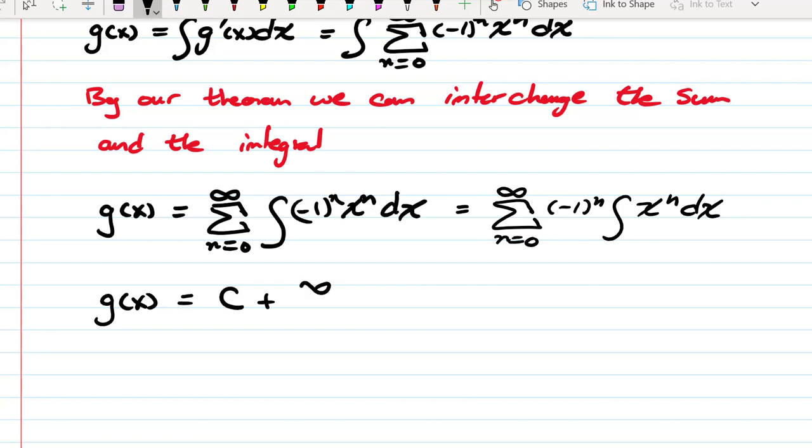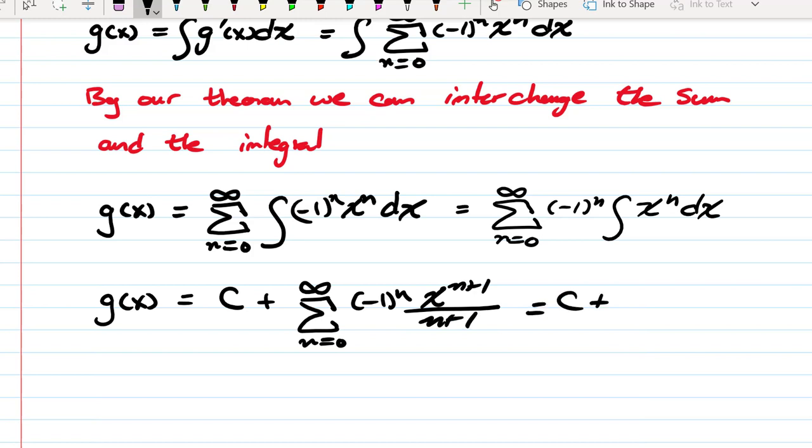So we get c plus the sum as n goes from 0 to infinity of negative 1 to the n, and then the antiderivative of x to the n is x to the n plus 1 divided by n plus 1. So we get c plus the sum as n goes from 0 to infinity of negative 1 to the n all over n plus 1 times x to the n plus 1.